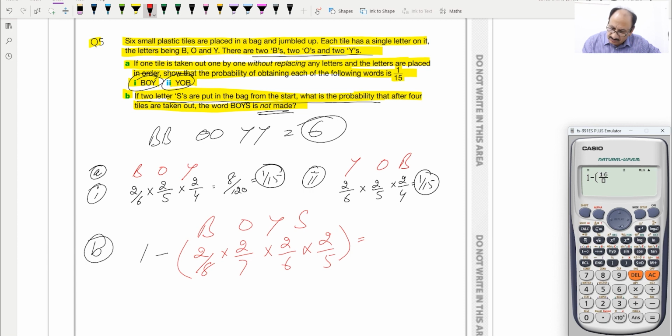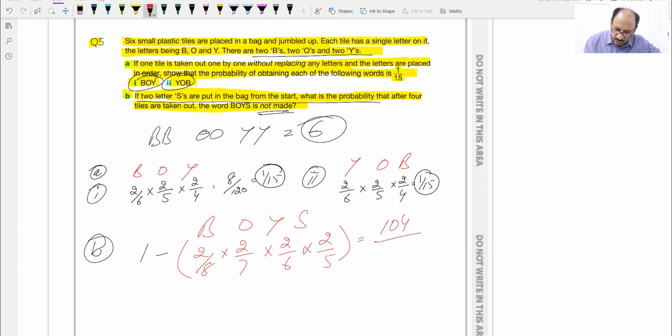So we can write 16 over 8 multiplied by 7 multiplied by 6 multiplied by 5, and close the bracket, and this is 104 over 105. This will be the answer for B part. We are done with the question.